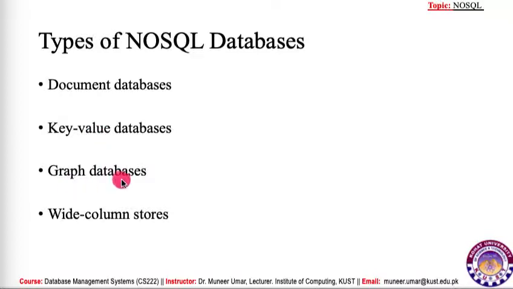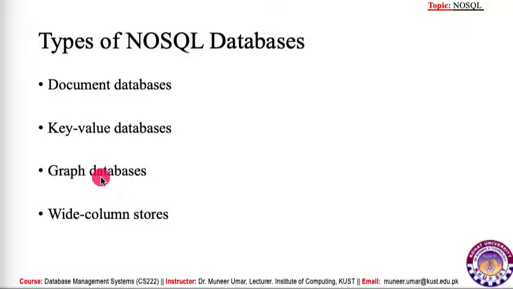Then we have graph databases. In graph databases, the data is stored in nodes and edges. Nodes typically store information about people, places, and things, where edges store information about the relationship among these nodes. It is just like a simple graph.